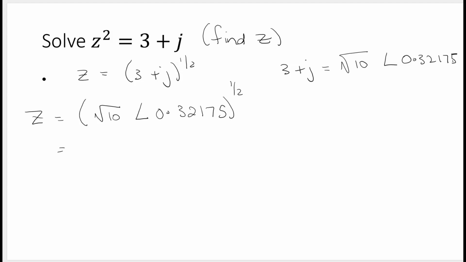Now 10 is already to the power of a half, so we'll just become 10 to the power of a quarter, angle that. Now we're finding the fourth root. No, we are finding the square root. So it would be that number divided by 2 or multiplied by a half.